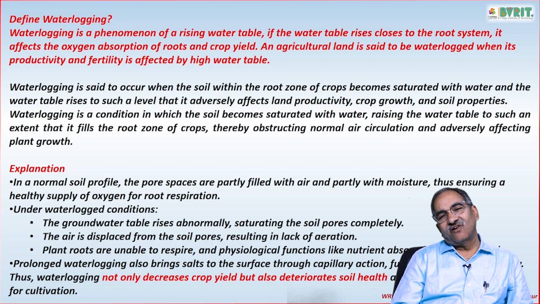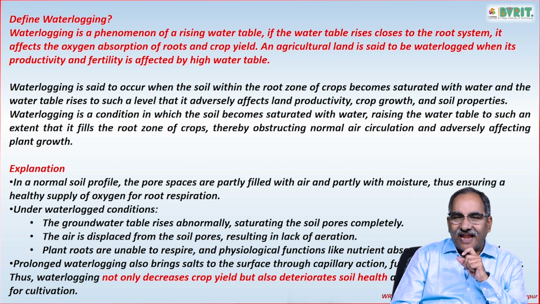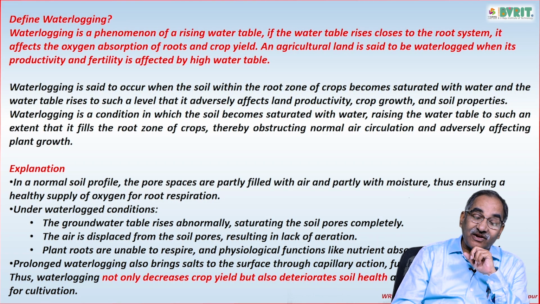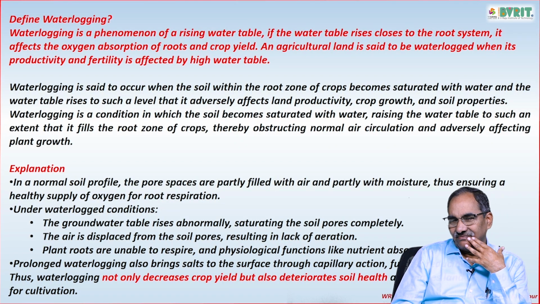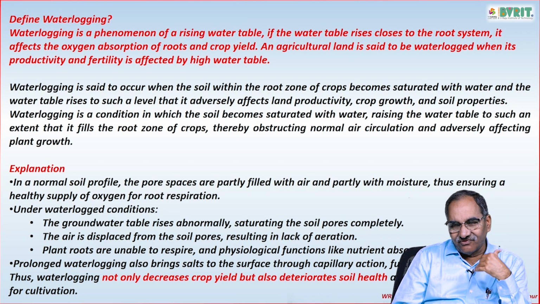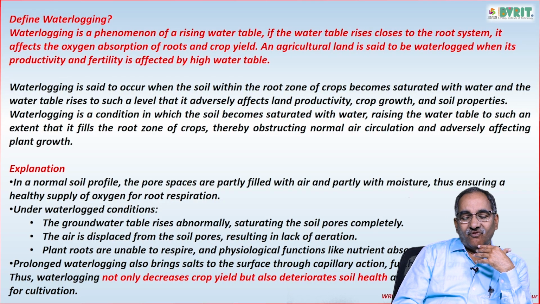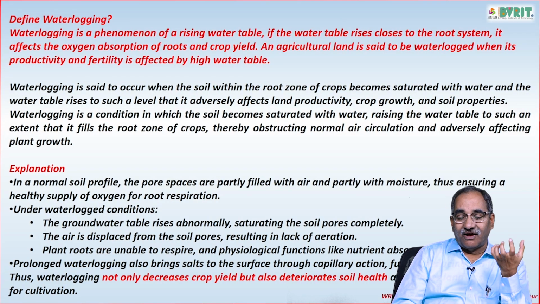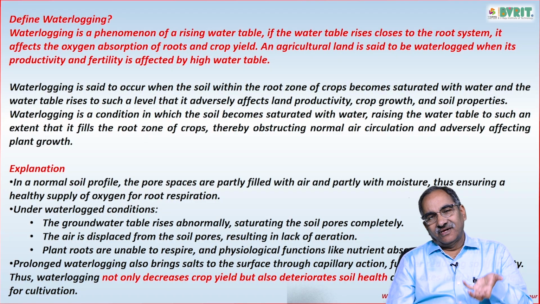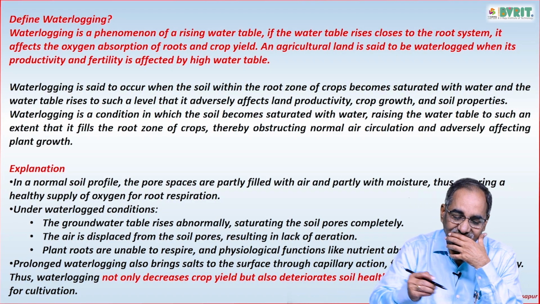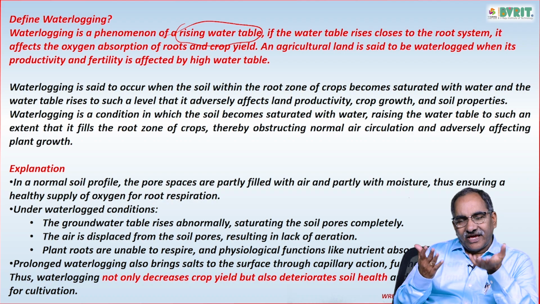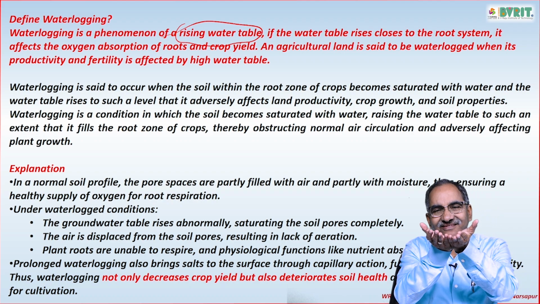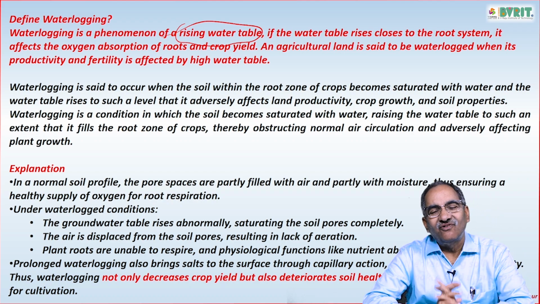First, what is waterlogging? When is a land said to be waterlogged, and what is the problem if a land is waterlogged? That we will study. Waterlogging, basically, is a phenomenon of a rising water table. The water table rises near to the ground level.